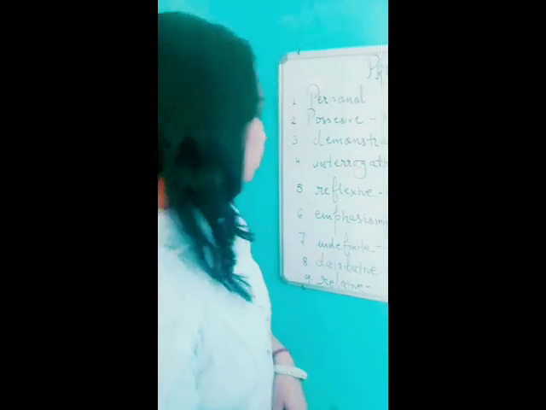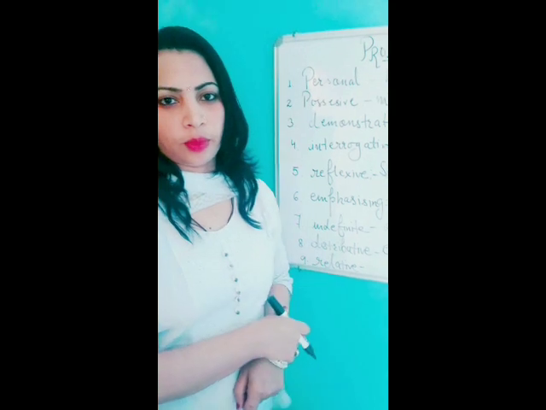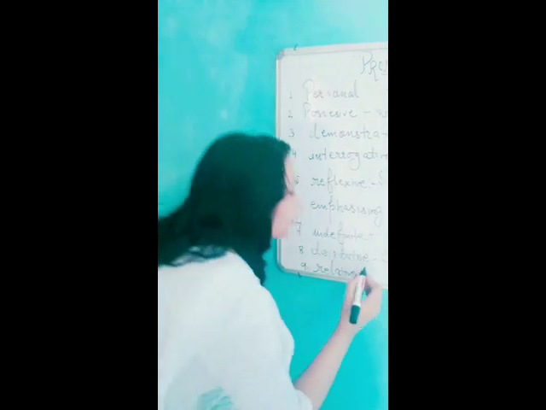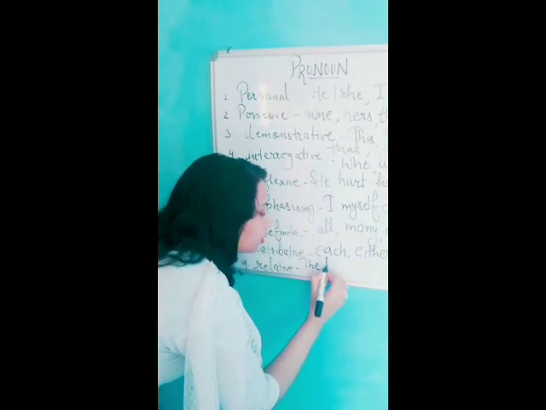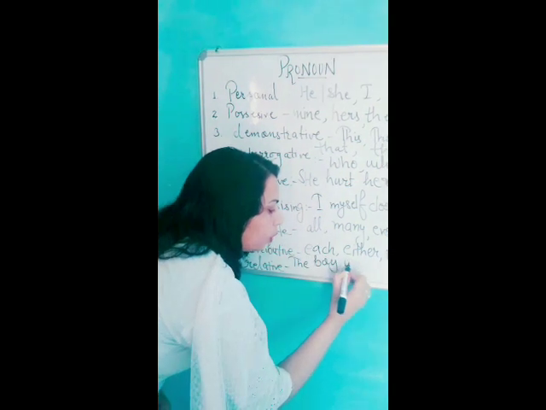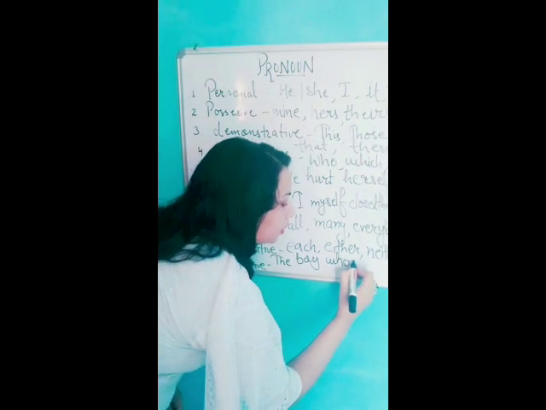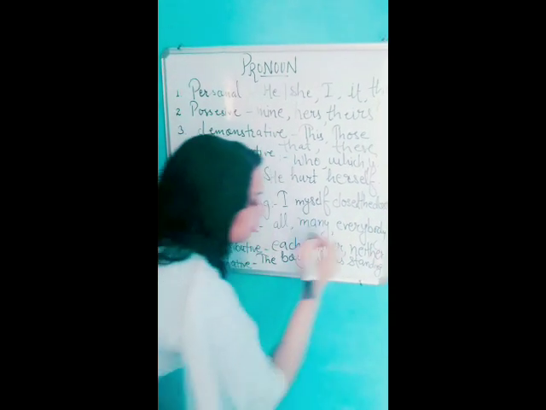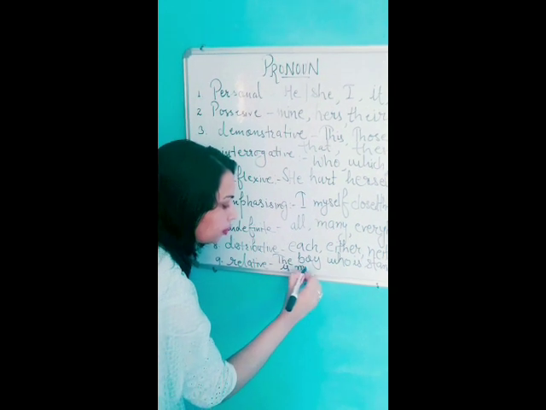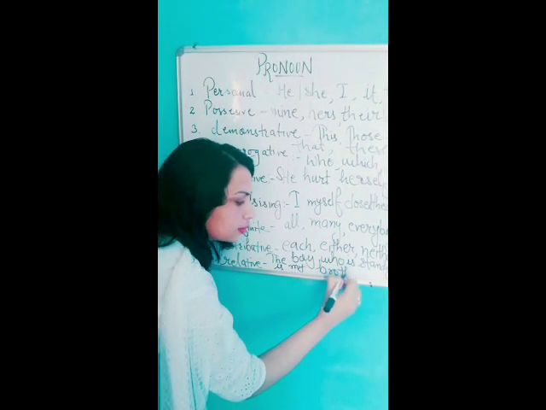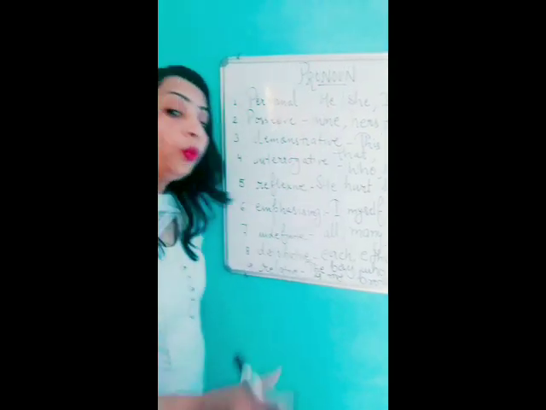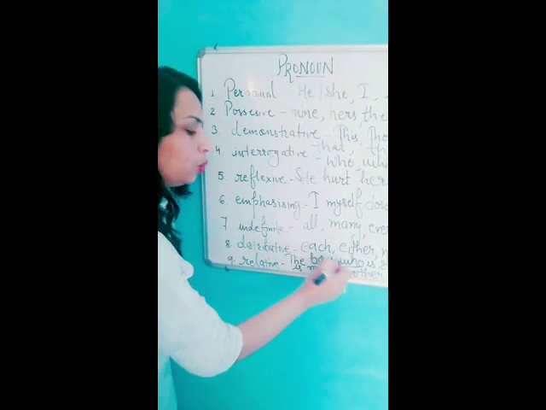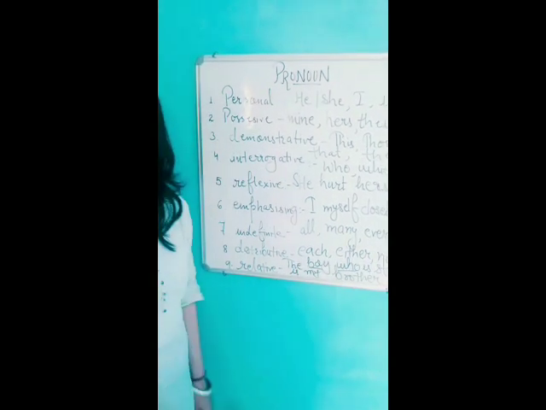Now we are moving to the last point, relative pronoun. Which are relative pronouns? I am giving you a sentence over here and through that I am telling you. The boy who is standing is my brother. Now, which one is the relative pronoun here? Boy who is standing.